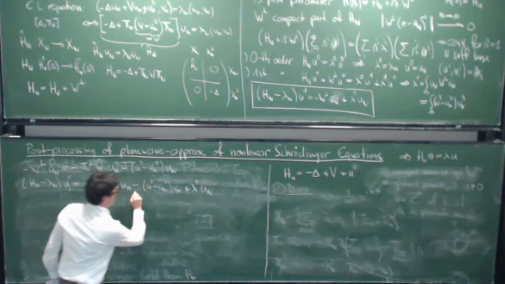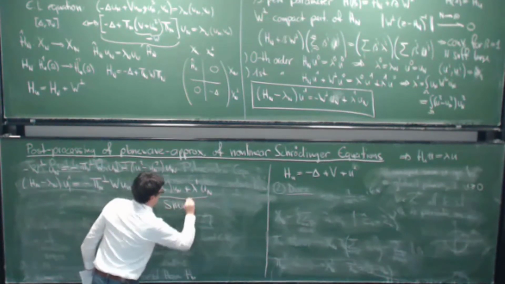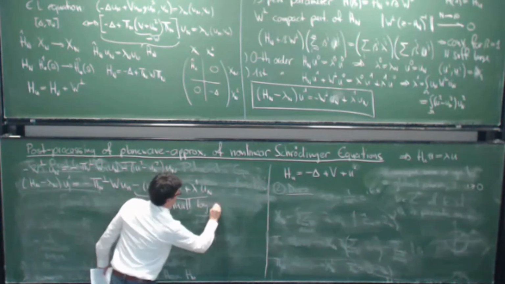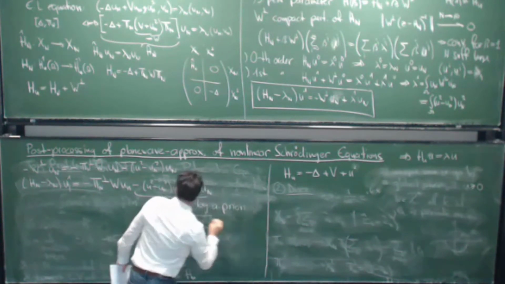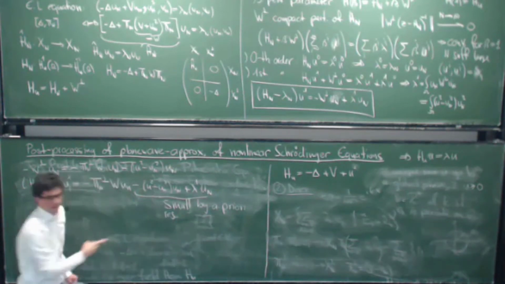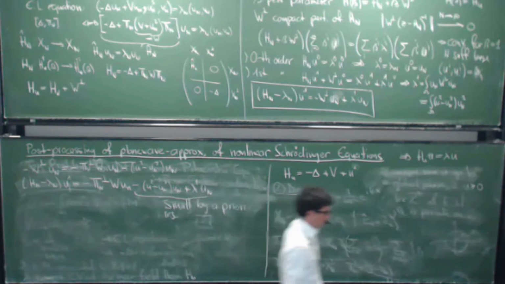Now, this is all small by a priori results. It's not that I'm neglecting it, but I'm estimating it. Okay?